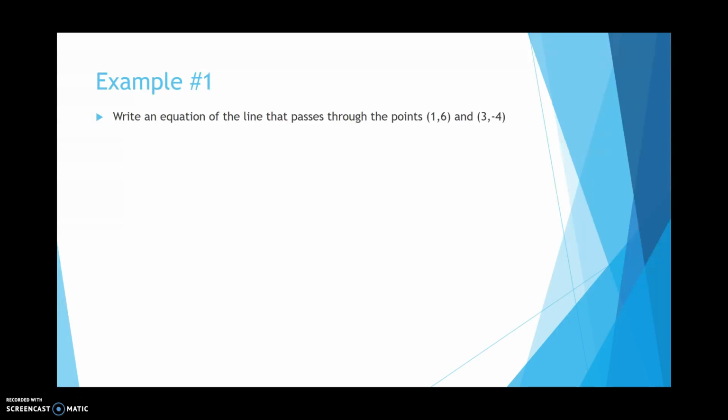So here we have an example. It says, write an equation of the line that passes through the points (1, 6) and (3, -4). So my step number 1 is to find the slope, and that is our y2 minus y1 over x2 minus x1. If it helps you to label your x and y coordinates, then do that.